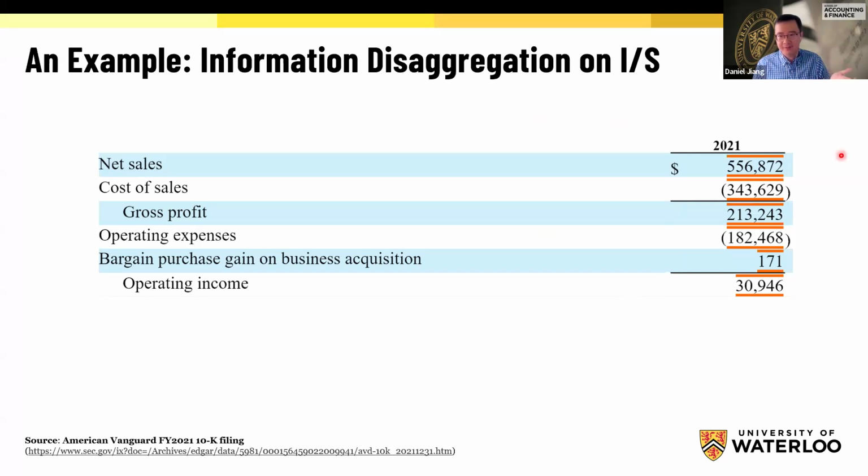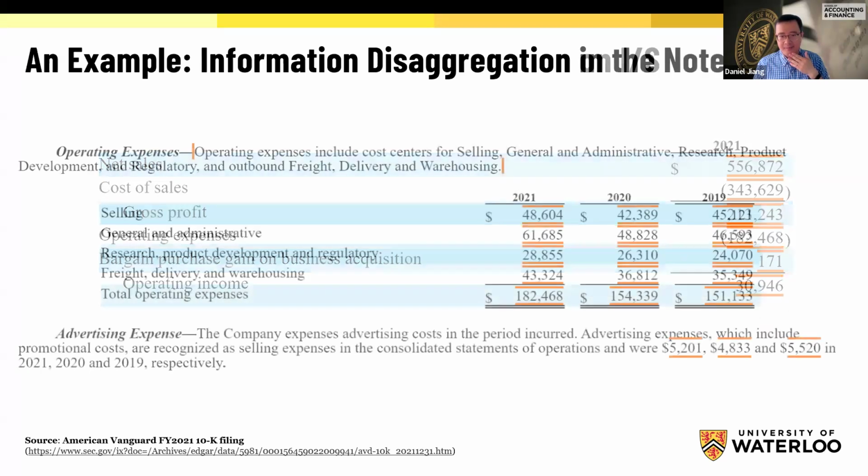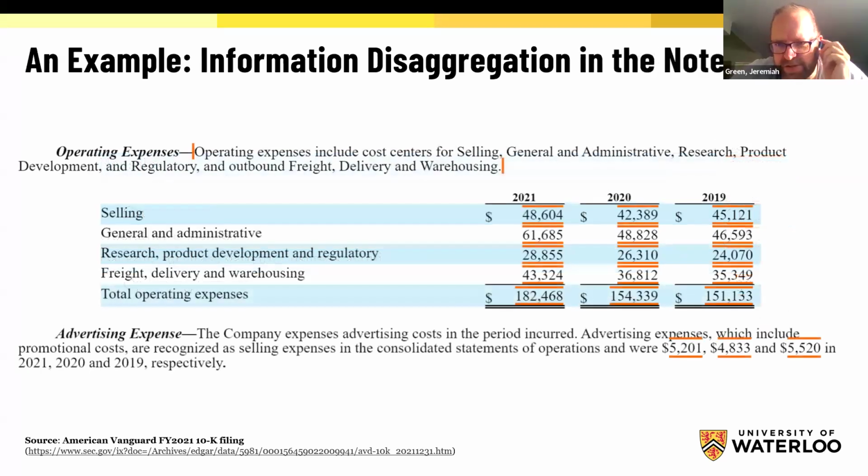This is part of the income statement from the American Vanguard 2021 10K filings. As we can see, the filer did not provide many details about their operating profitabilities on the face of the income statement. So all line items refer to pretty high-level accounting concepts on the face of the income statement. But instead, Daniel, can I ask another question?